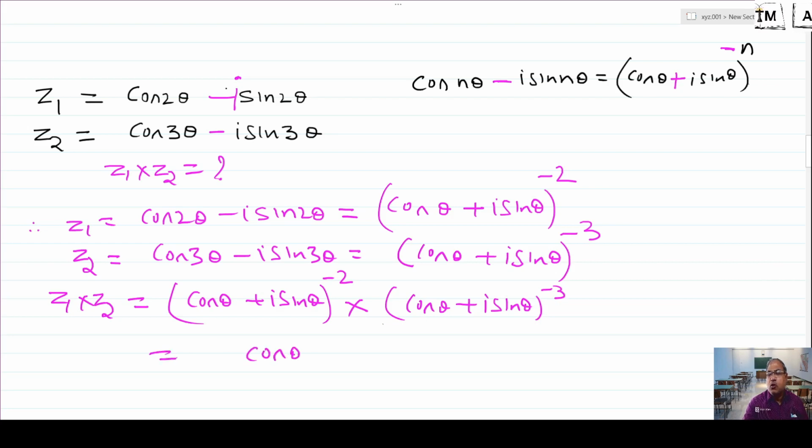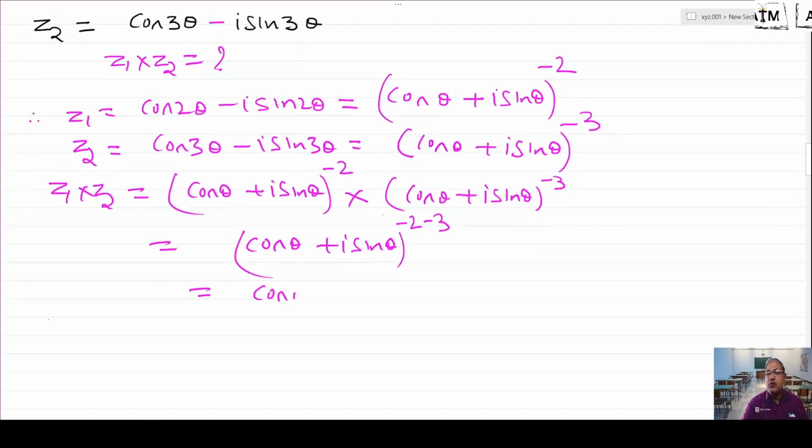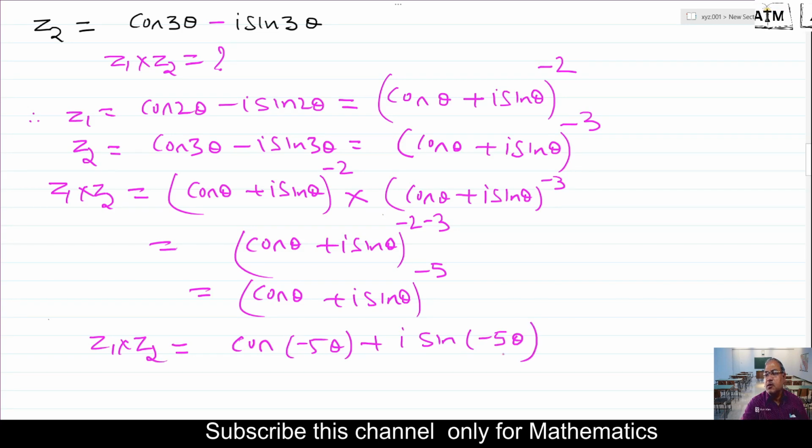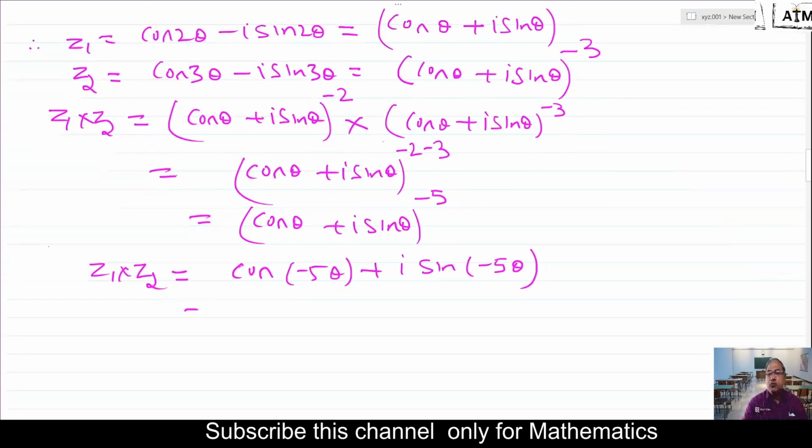The bases are equal, so we can add the powers. So that is equal to (cos theta + i sin theta) raised to minus 5. So z1 into z2 equals cos of minus 5 theta plus i sin of minus 5 theta, so that is equal to cos 5 theta minus i sin 5 theta. That is the result of z1 into z2.